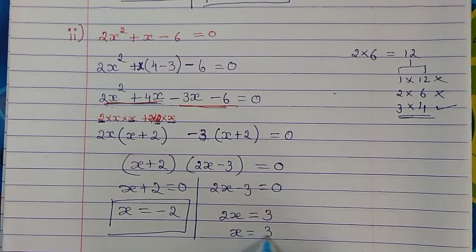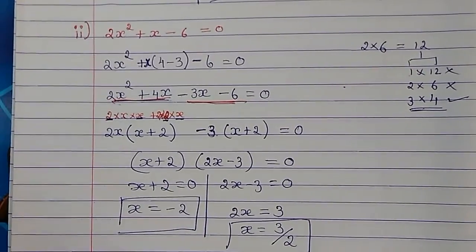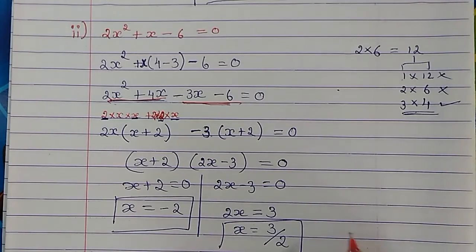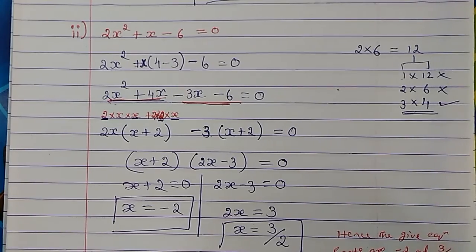So x equal to 3 by 2. 2 is in multiplication. When it comes here, goes to division. So this is another root. So you can write the answer. Hence the given equation roots are minus 2 and 3 upon 2.